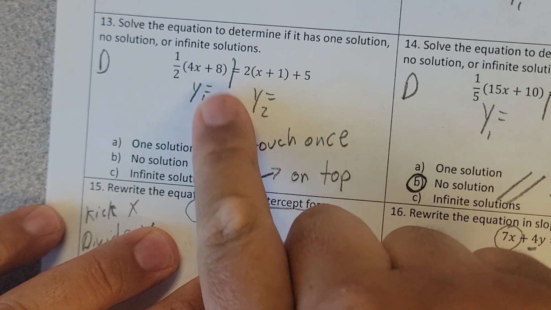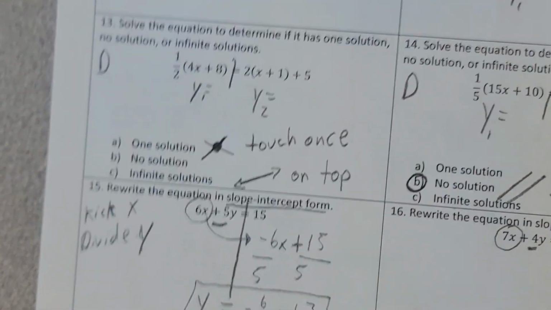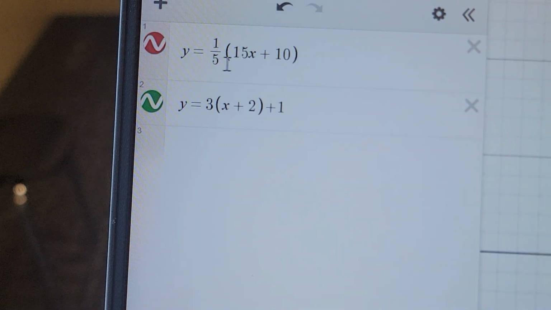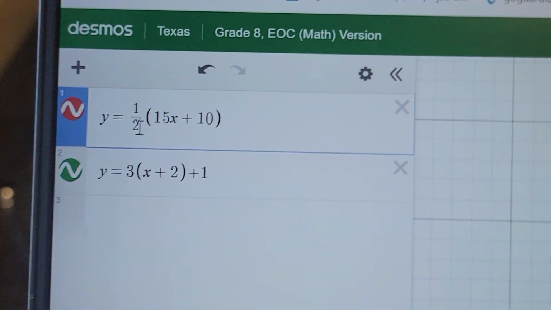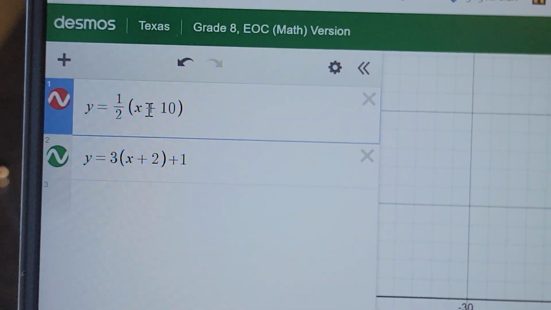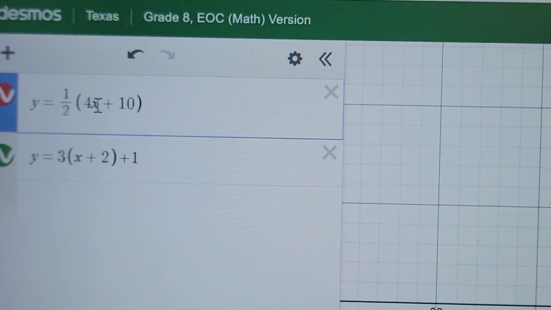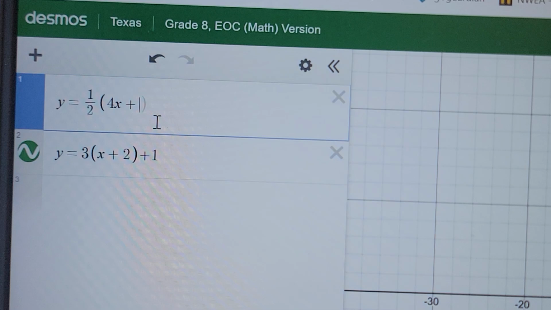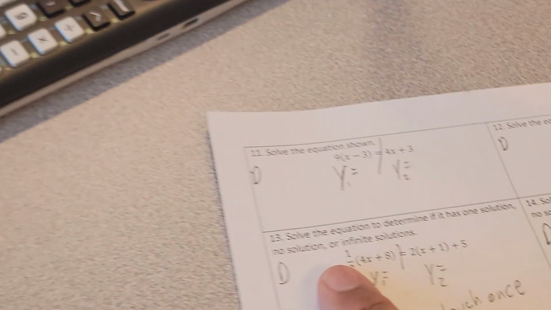Well, let's do this. Let's figure out what this one is. So 1/2, 4x plus 8. So we go right here, 1/2. Let me change this. So 1/2, 4x plus 8. Oh no, not 18. 8. I'm doing number 13, right?